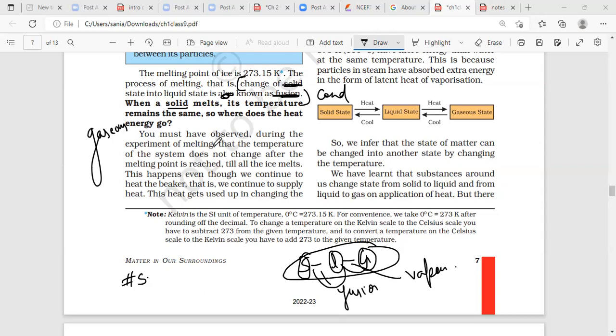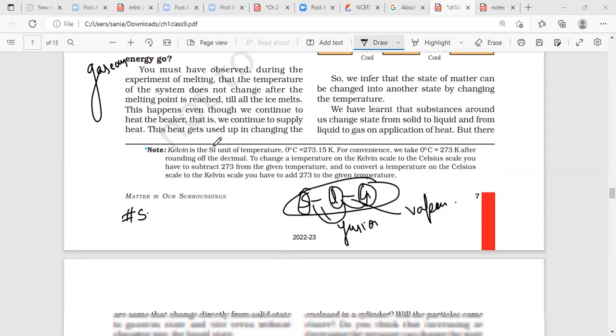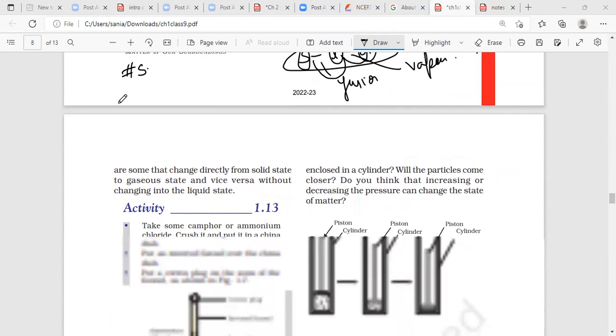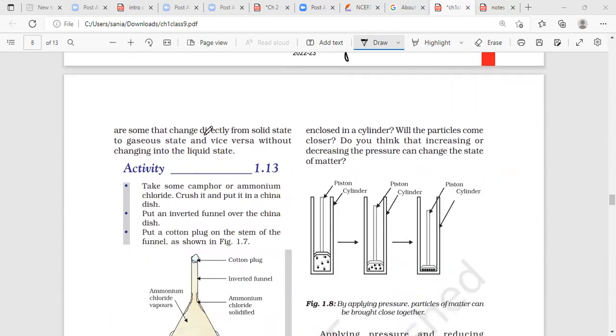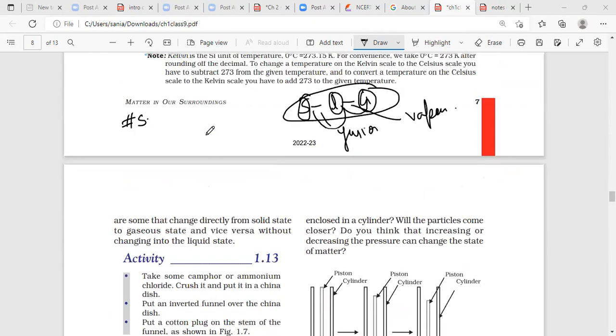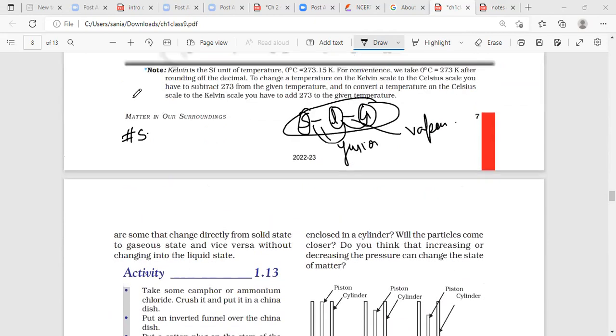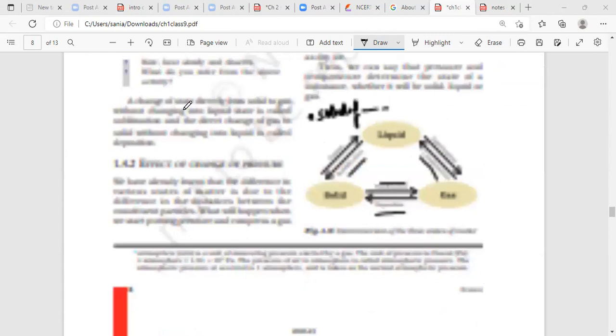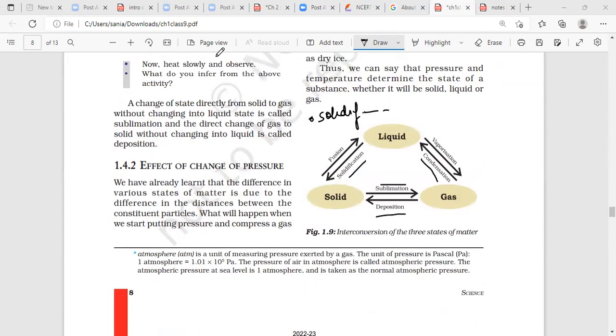Okay. Now the next thing is sublimation. Ma'am, what is sublimation? A change of state directly from solid to gas without changing.